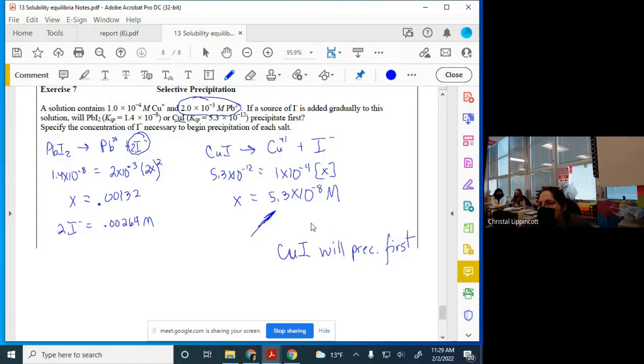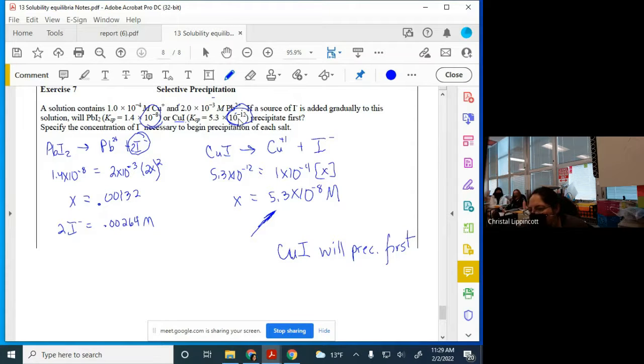Wait, so why is it the copper again? Because primarily it comes down to the KSP values. If we didn't have this up here and we just had to give a gut check, this number is so much smaller than this, it would tell you right away that this guy's probably going to precipitate out first.